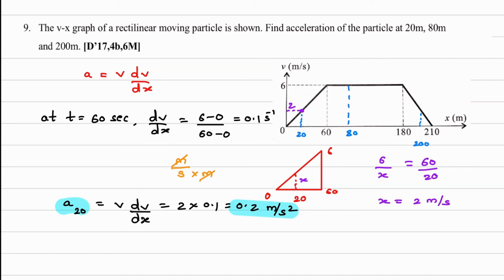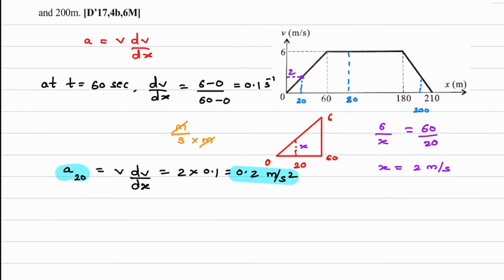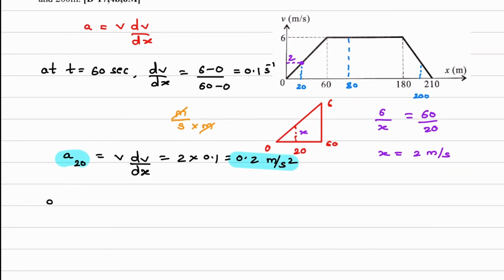Okay, so we'll write down at t equal to 180 seconds. What is dv by dx of this part? If you see the slope, it is 0. So dv by dx is 0. So if slope is 0, acceleration at 80, it will be 0. So this is second answer.